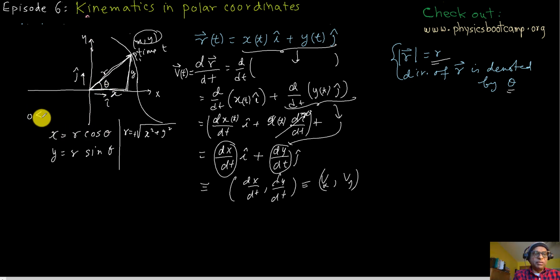So r has to be like this. x goes to minus infinity like that, and y similarly, and theta is 0 to 2 pi, right? The direction can only be between 0 and 2 pi.